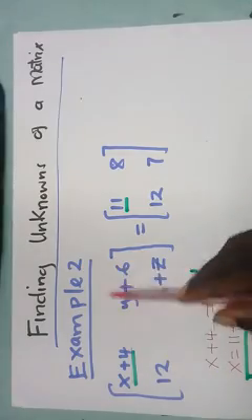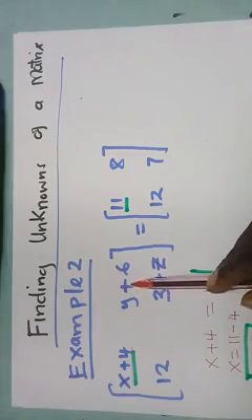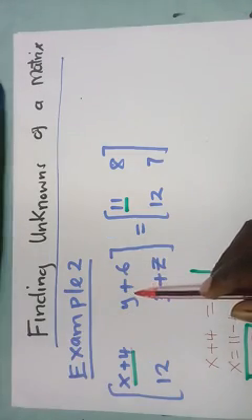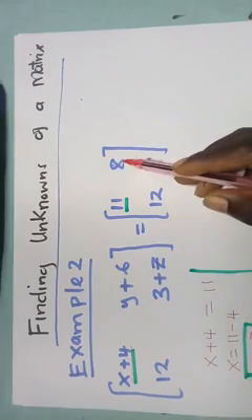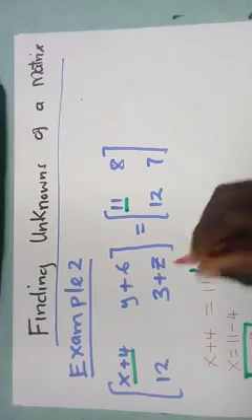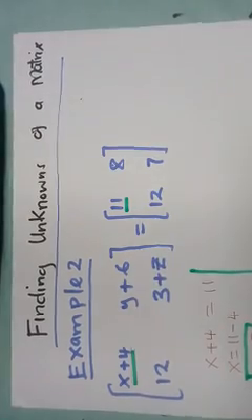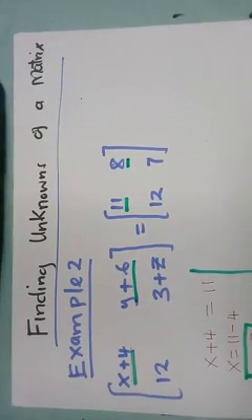When you look at this one, how can we determine the value of y? We can simply determine the value of y by equating this one to the corresponding element of the other matrix. If this is element 1, 2, we equate it to element 1, 2 of the other matrix.